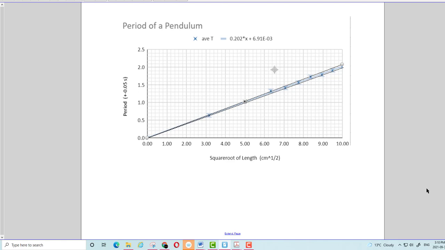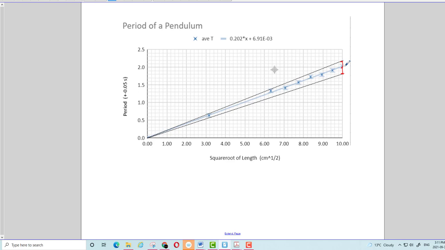If, however, your uncertainties are larger, so let's say that we change the uncertainty in the average period here from 0.05 to 0.2, then it would look something like that, and we'd have our error bars about like that.